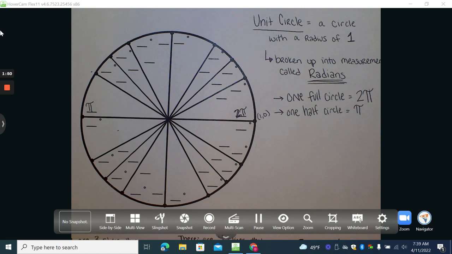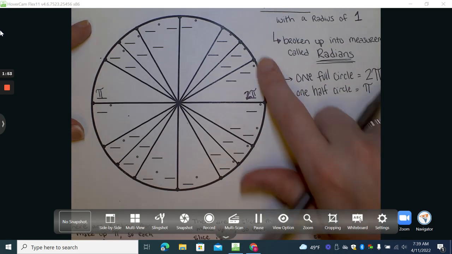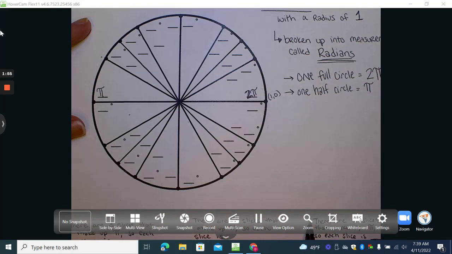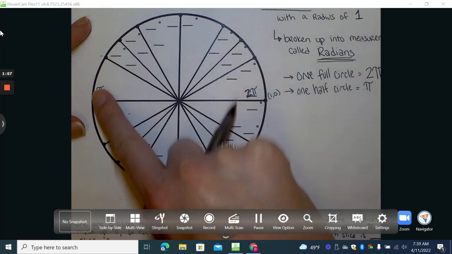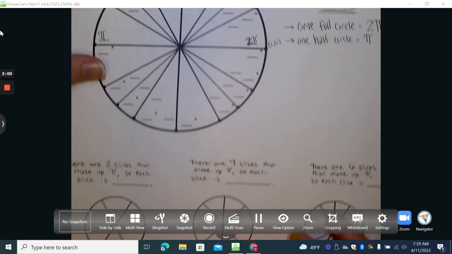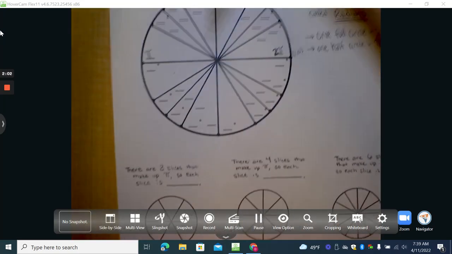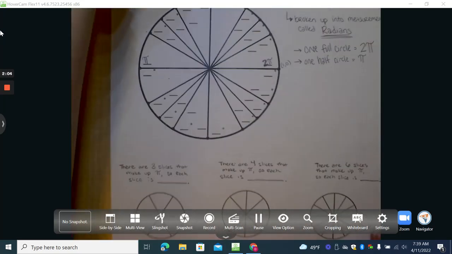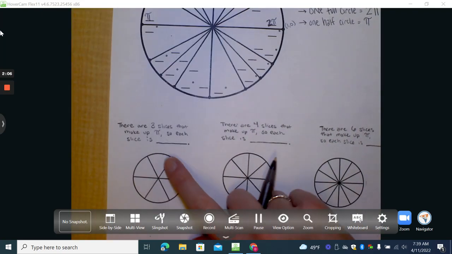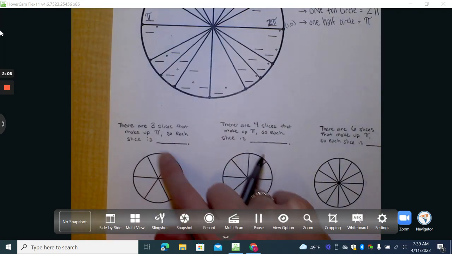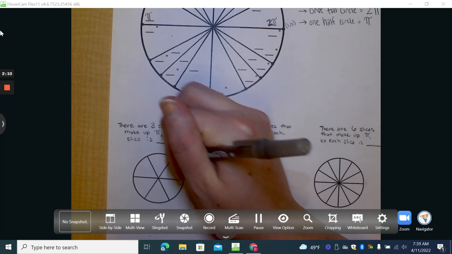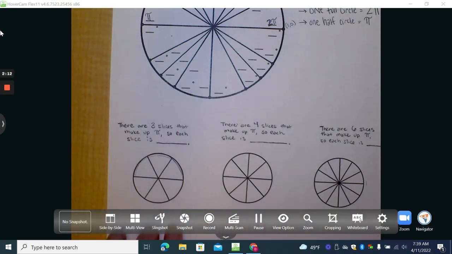So again, those are measurements of circumference, and that's what we're going to focus on today, breaking this down into segments of pi. There's lots of different segments here. So I'm going to break it down in a couple different ways. Maybe I'll zoom out a little bit. So I can break this into where pi is worth 3 segments.